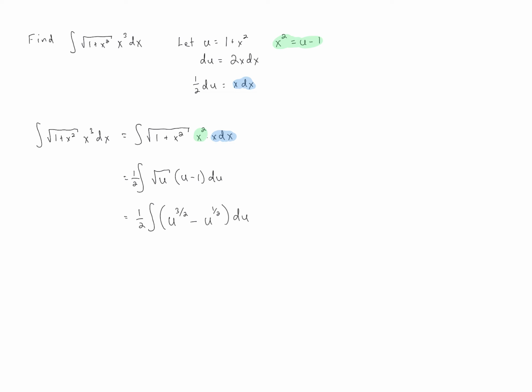And once we've written each term as a power of u, we can go ahead and use the power rule. So the integral of u to the 3/2, we can add 1 to the exponent. So that's going to be u to the 5/2. And dividing by 5/2 is the same as multiplying by 2/5. So let's go ahead and do that.